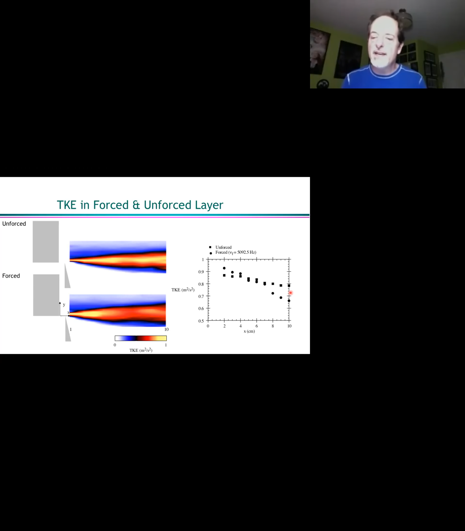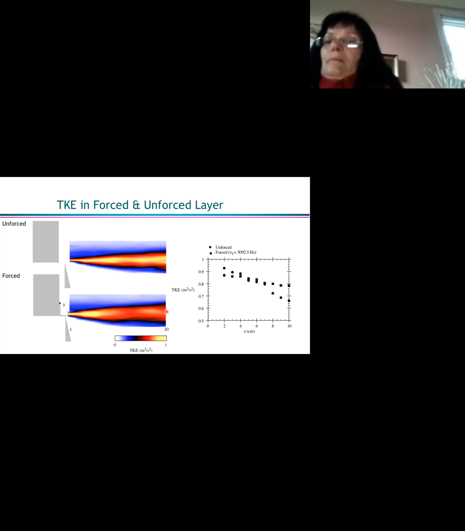The other thing that we thought this experiment might have been useful for, although we never actually tested it: again, we're putting in some of the smaller scales, and by the time you get down to it, the larger scales have all been kind of dissipated, right? And so one thing we thought is, there are some aeroacoustic applications where you have large structures impinging on a surface and creating a hum or something like that.